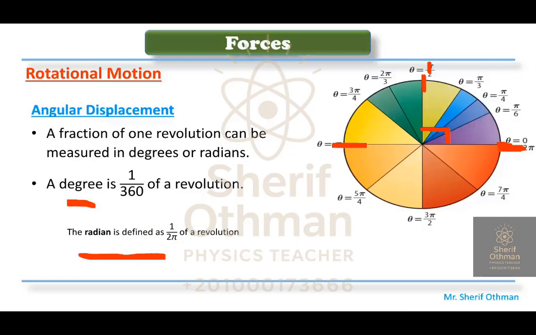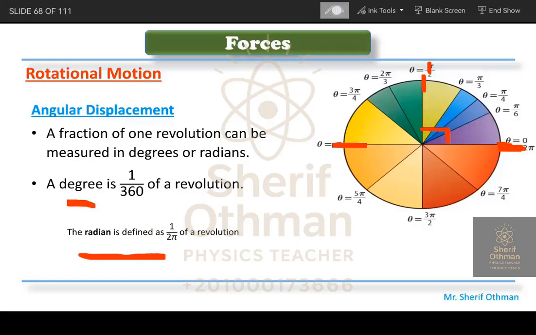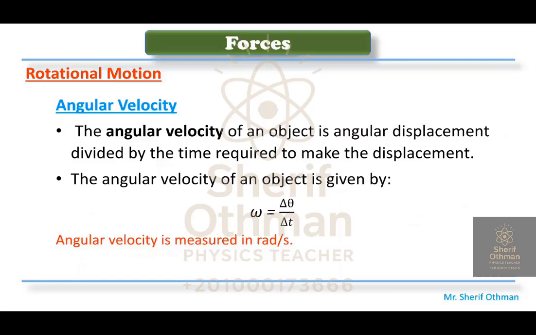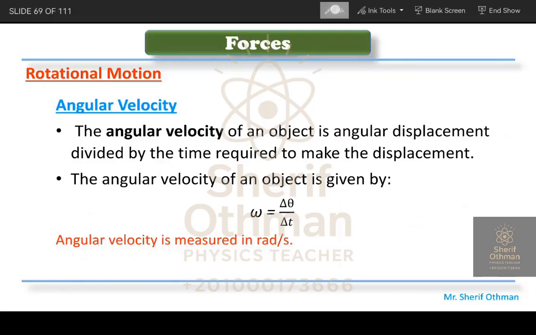Then angular velocity. The symbol of angular displacement is the same as the symbol of angle, which is theta, while the angular velocity is represented by omega. Velocity in linear motion is equal to distance over time, so the angular velocity is equal to angular displacement over time.